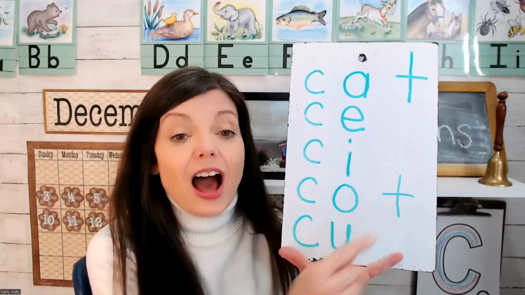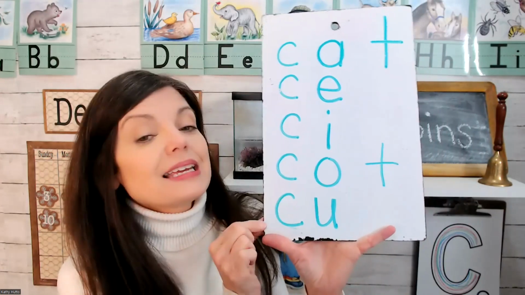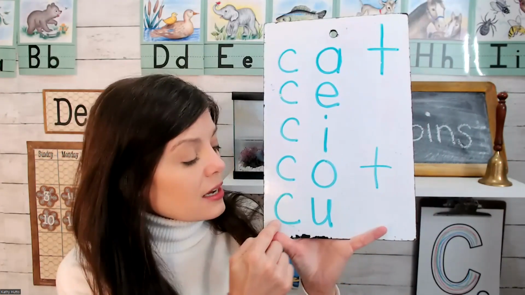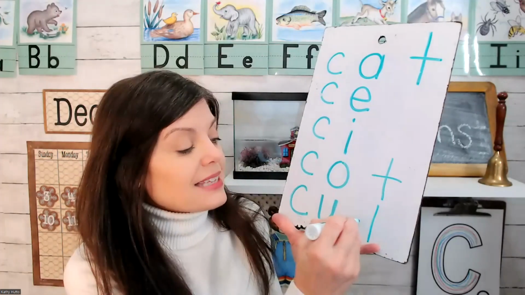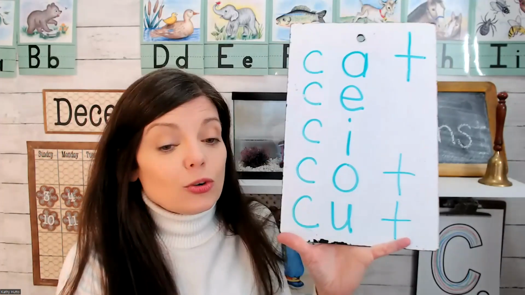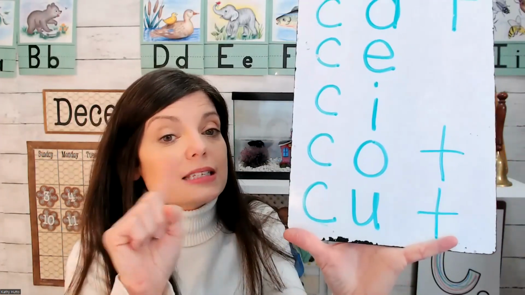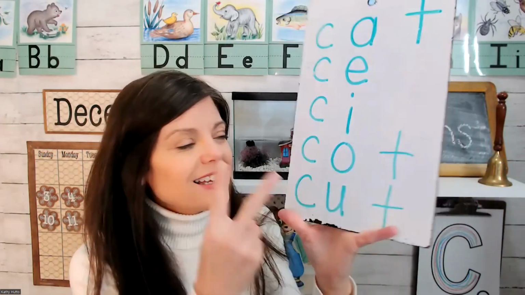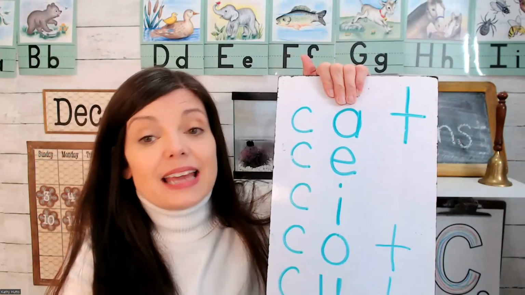Let's come down to C and U. C says k, and U says ka. Let's put that same letter T at the end. Can you read this word? Cut, cut. Now, let's go back to CE and CI.